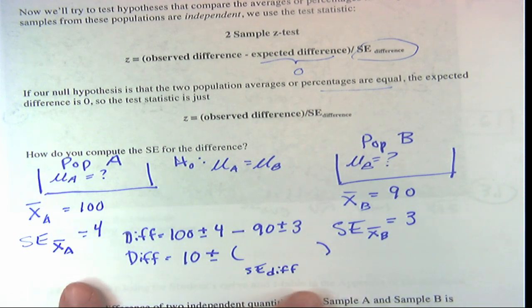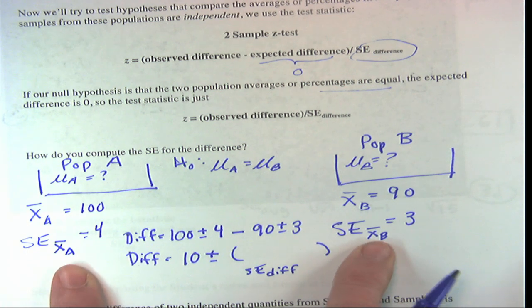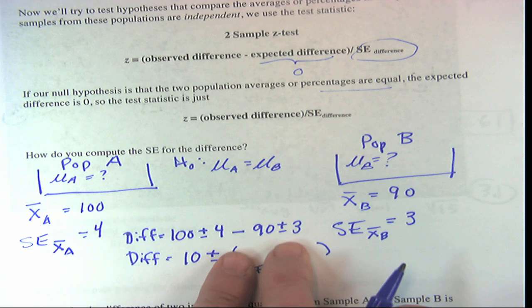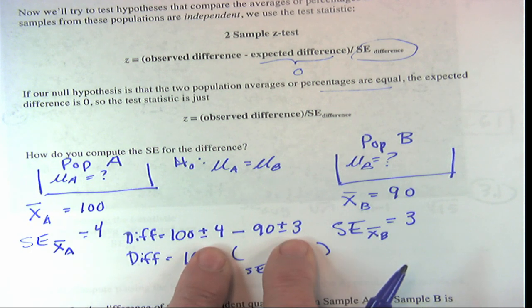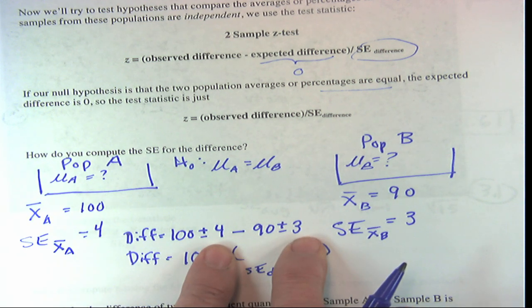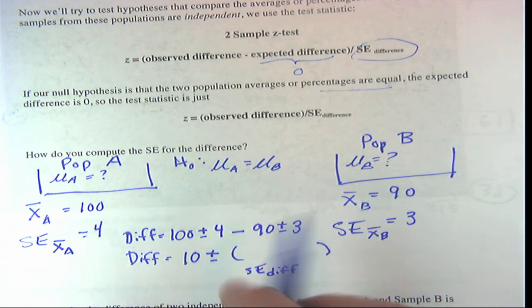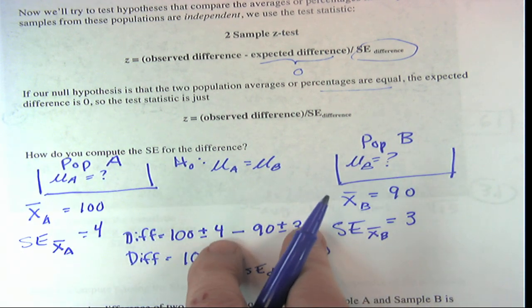The standard error of the absolute value of X bar A minus X bar B, that's the difference. So how do you think I'll combine those? Well, let's think about it. You might think to put 7 in here, plus or minus 7. But think about when that would happen. That would happen when these two are on opposite sides.